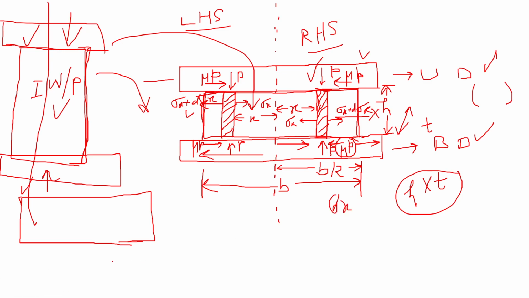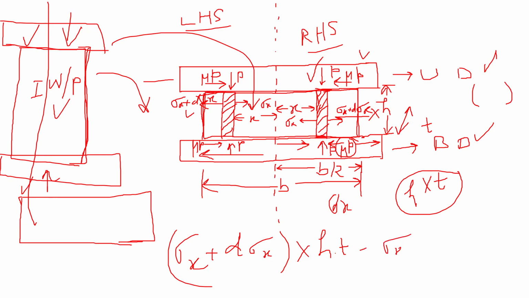Let me write here for better clarity: sigma x plus d sigma x into h into t. This will be the force in the x direction, and if you try to see the equilibrium, this will be minus sigma x. Okay, yes. Now any other force which is remaining is mu p.